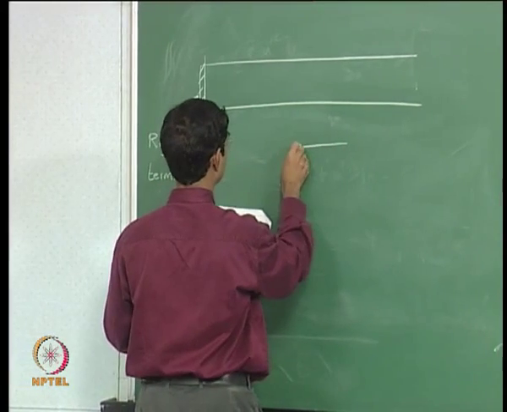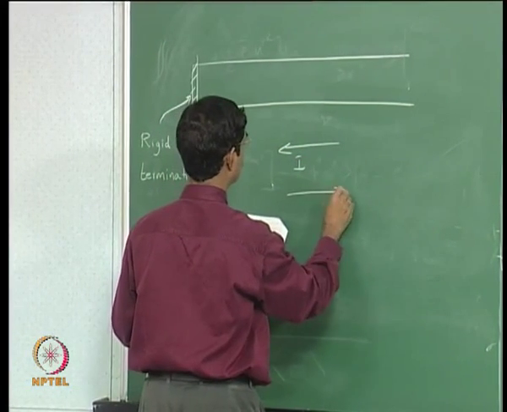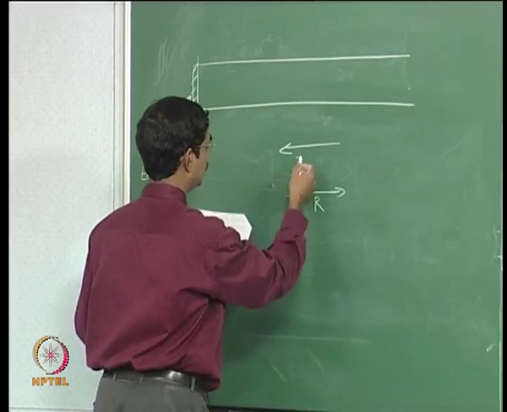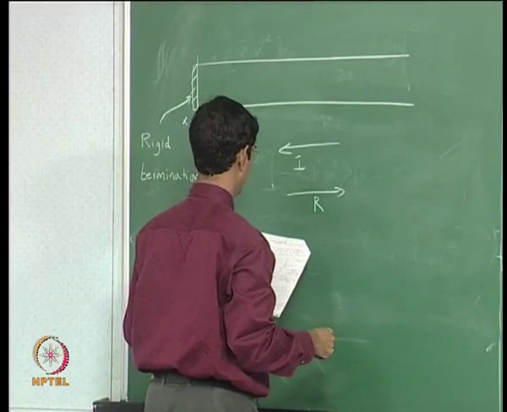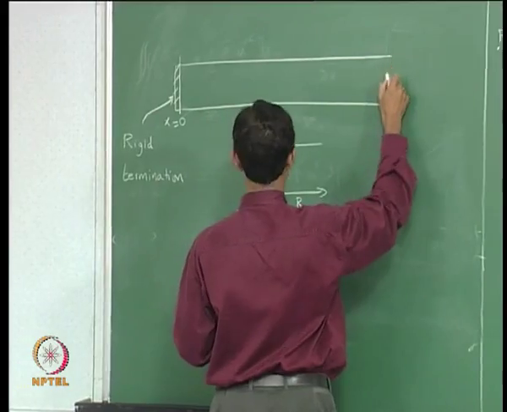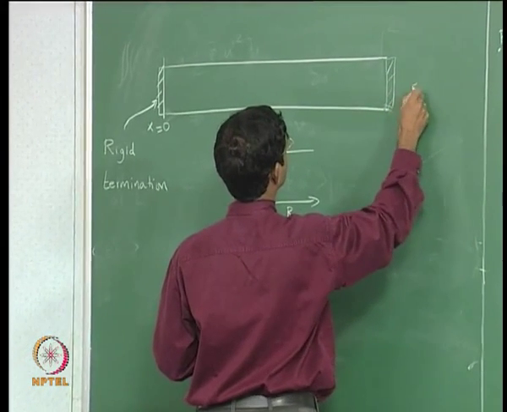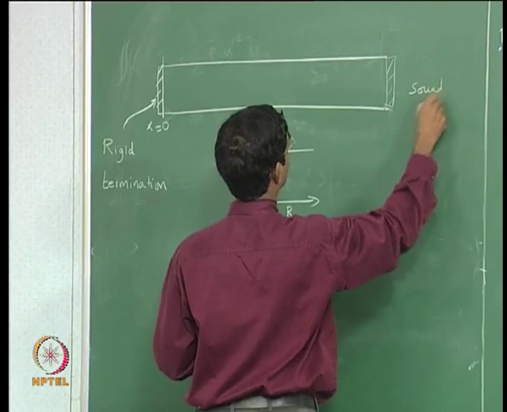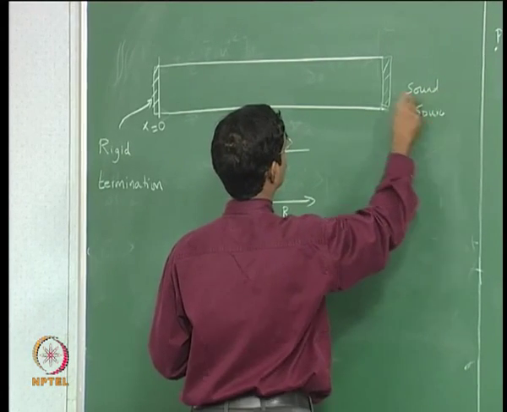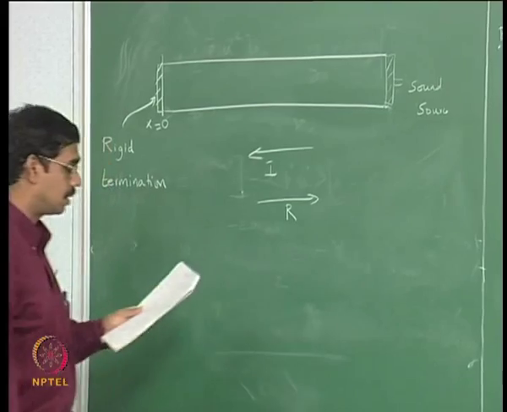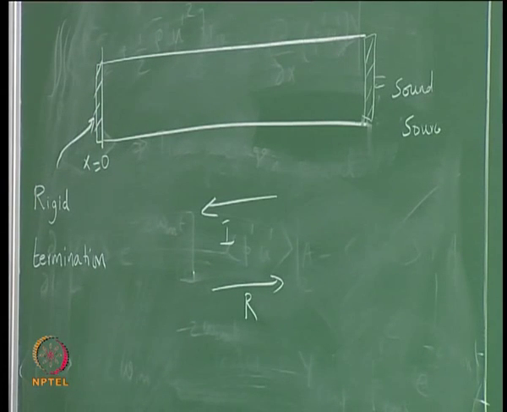You have I and R. I is the incident wave, R is the reflected wave, and let us say we have some kind of sound source here. It can be a piston moving back and forth or a loudspeaker or something like that.